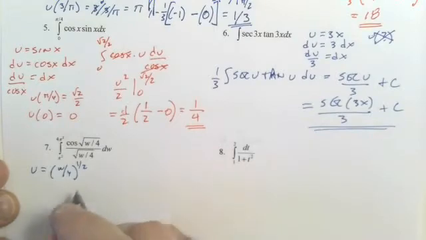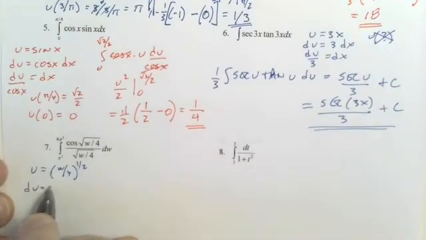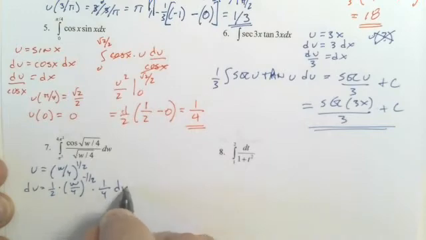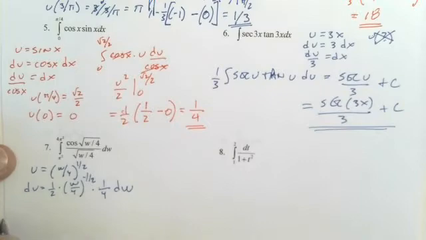Let's see what happens. du equals 1/2 w over 4 to the negative 1/2 times 1/4, chain rule, dw. That's 8 when I flip it up. And then this is actually on the bottom, I'll flip it up here. 8 square root of w over 4 du equals dw.